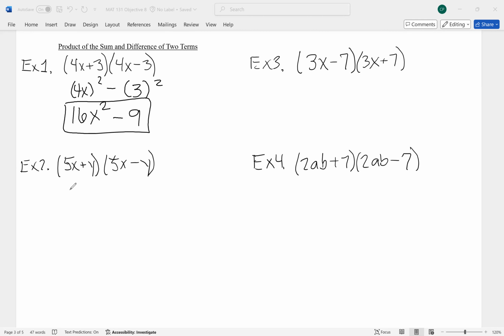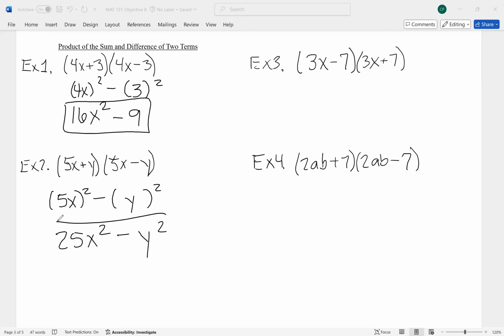For example 2, that first term is 5x, so we need 5x squared minus the second term squared, which is y, okay? So 5x squared is going to be 25x squared, and y squared, of course, is just going to be y squared.